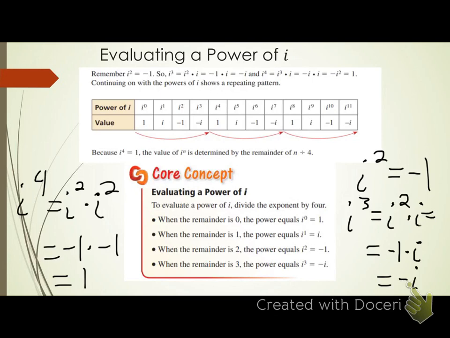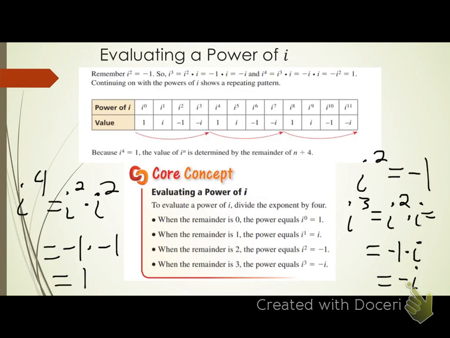Does everyone see that? So here's a little trick on how we can evaluate a power of i. Let's say they give you i to the 273rd power. To evaluate a power of i, divide the exponent by 4.